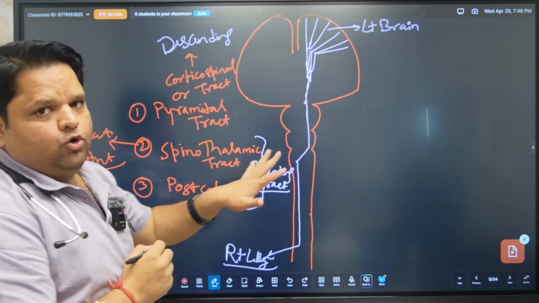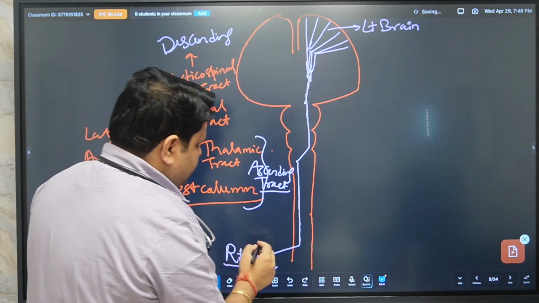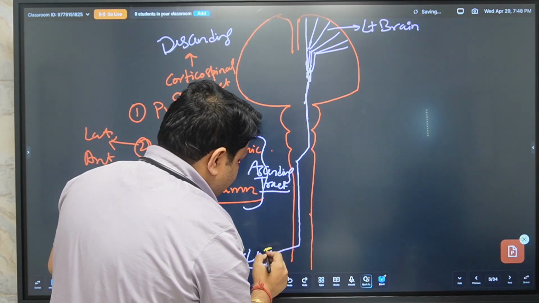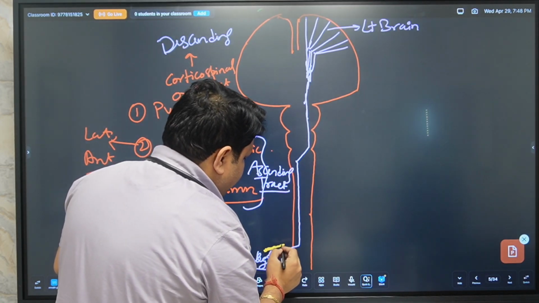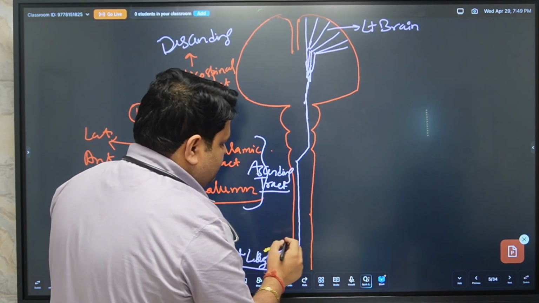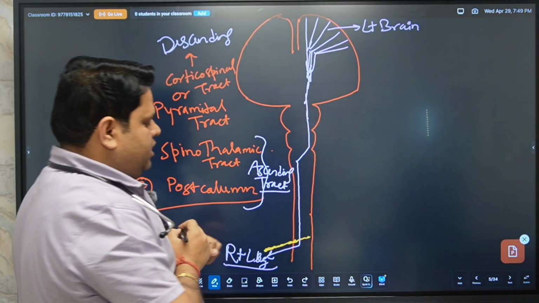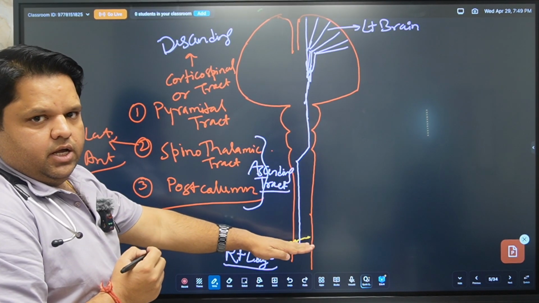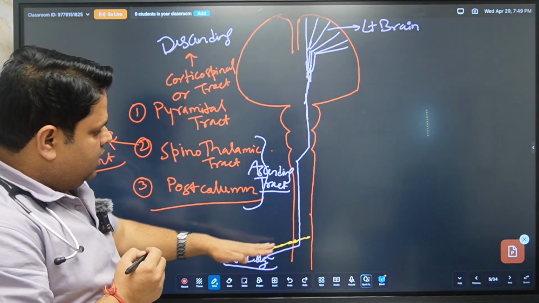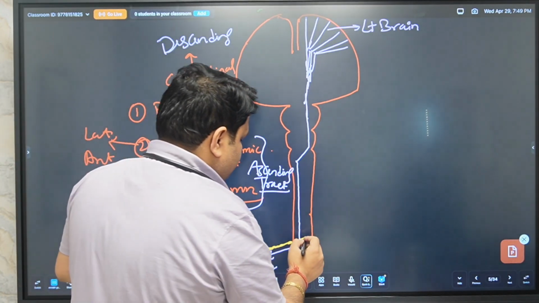Second is the spinothalamic tract. The spinothalamic tract is a sensory tract. If this arises from the right leg, goes to the spinal cord, their fibers cross the spinal cord just near the level of the nerve entry.